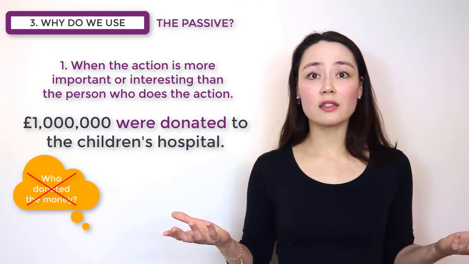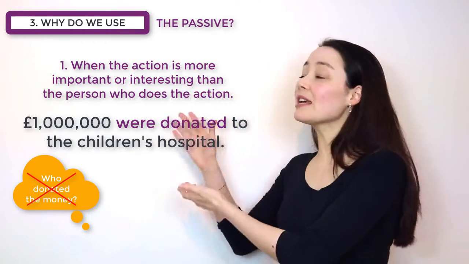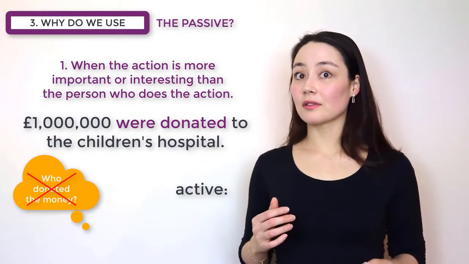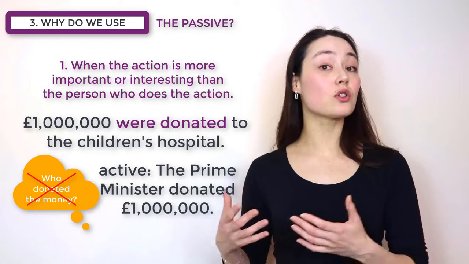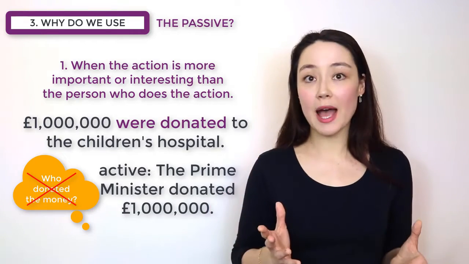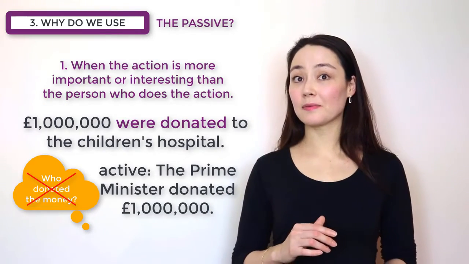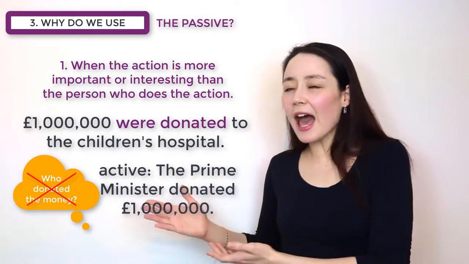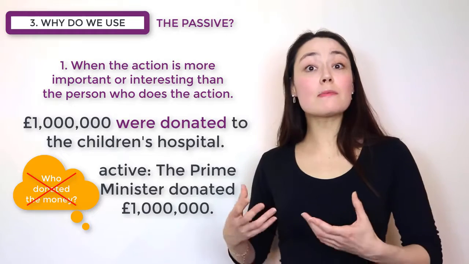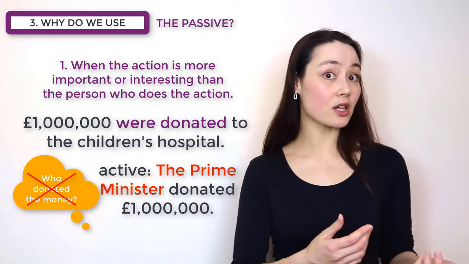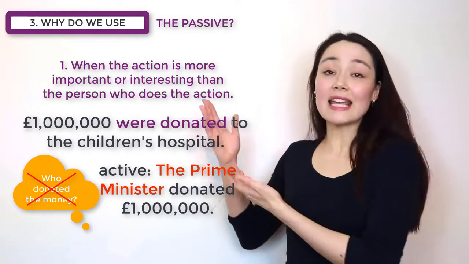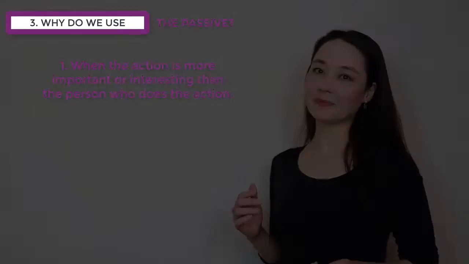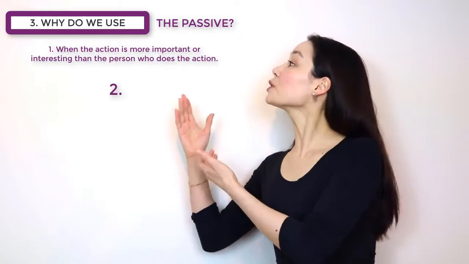It's not important. I'm interested in the information here. Active. The Prime Minister donated 1 million pounds to the Children's Hospital. Here, wow, it's the Prime Minister. In the active sentence, it's really important who does the action, but in the passive, that's not important.